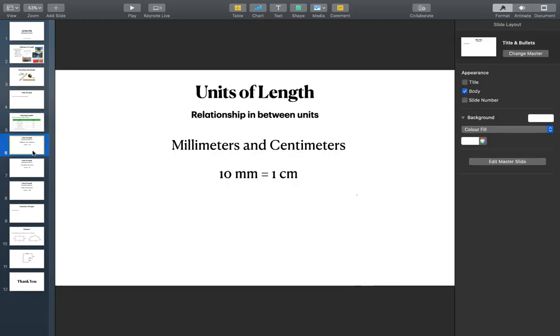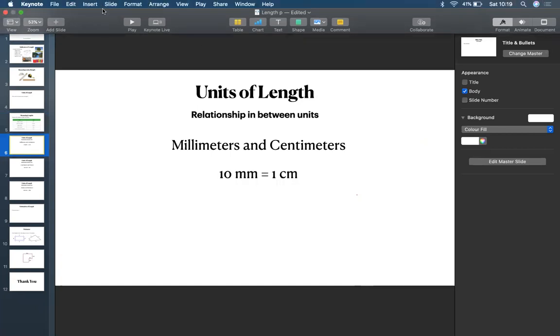Units of length. Write the next subtopic: relationship in between units of length.